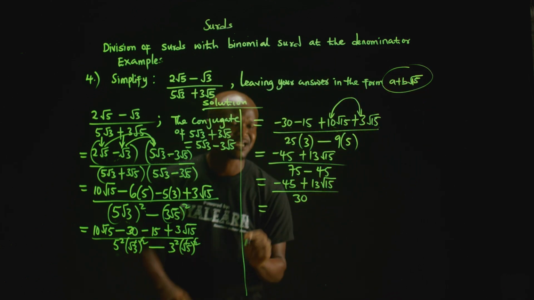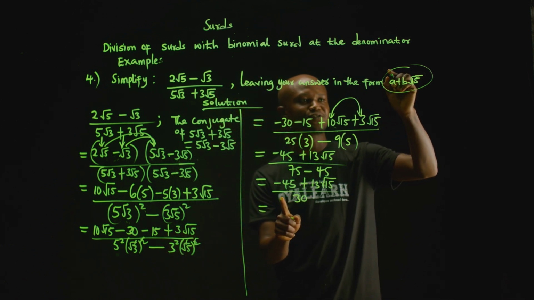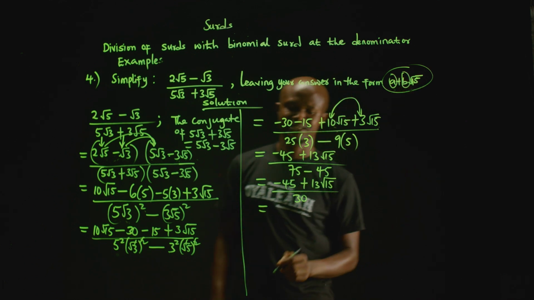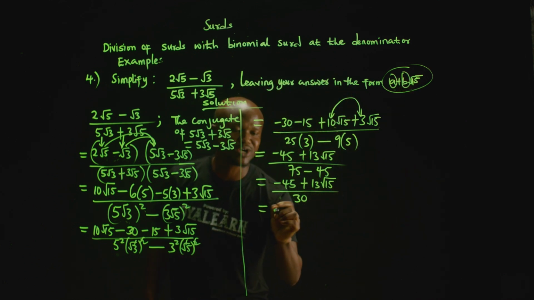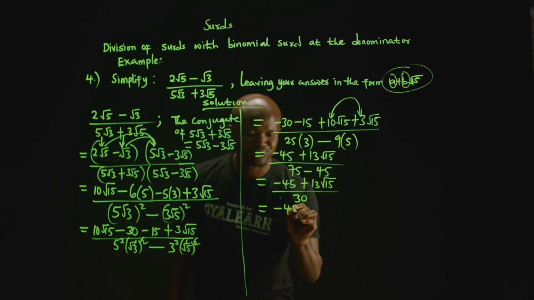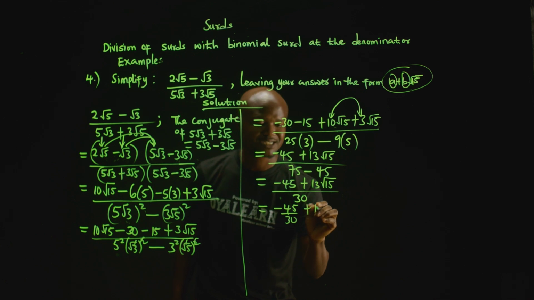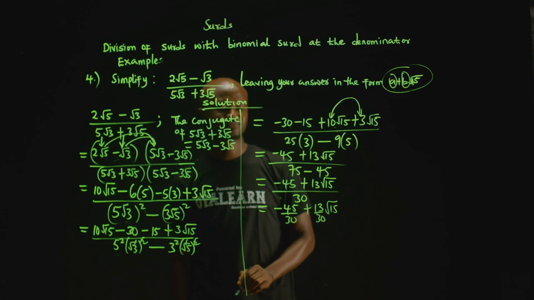So in this case, let's simplify further so that we can have this form, such that we have A and we have B. What we can do is to split this as a partial fraction. So we have minus 45 divided by 30, then plus 13 divided by 30 root 15.